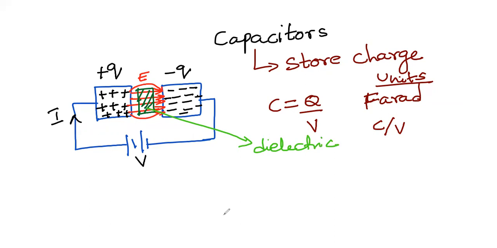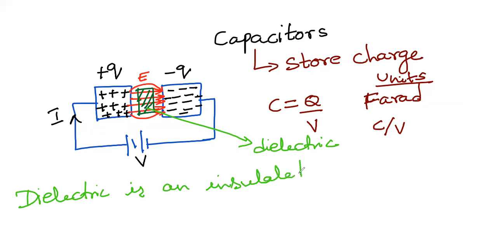Now what are dielectrics? Dielectrics are nothing but insulators. A dielectric is an insulator between the metal plates.